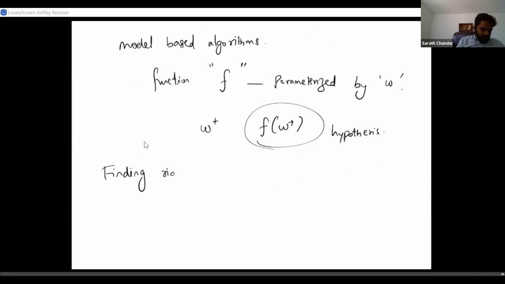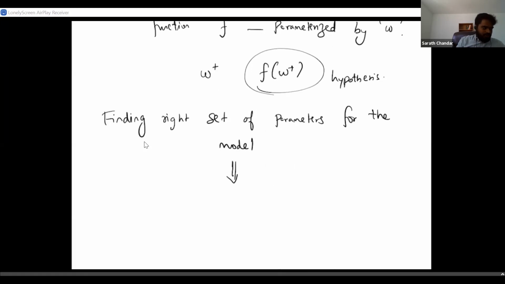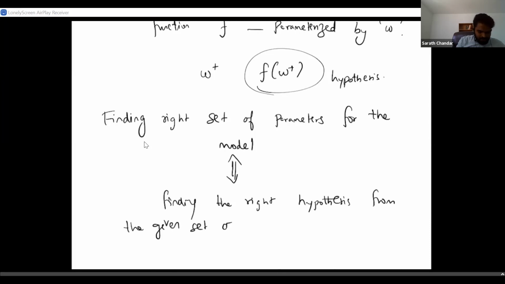So finding the right set of parameters for the model is actually equivalent to finding the right hypothesis from the given set of hypotheses supported by f.